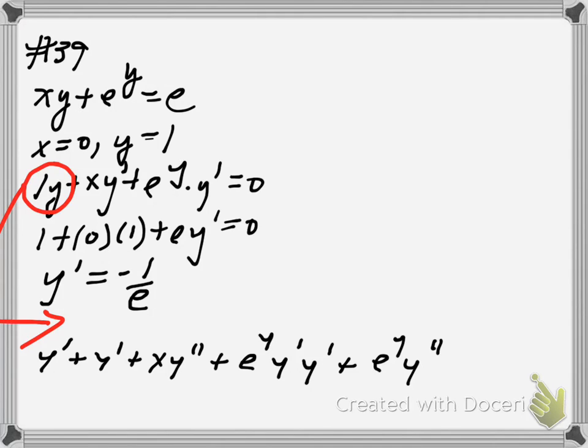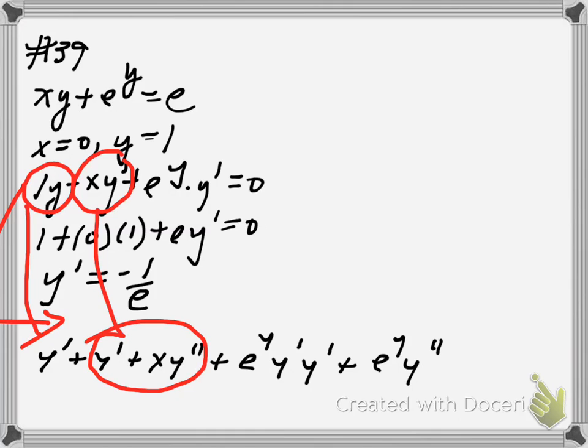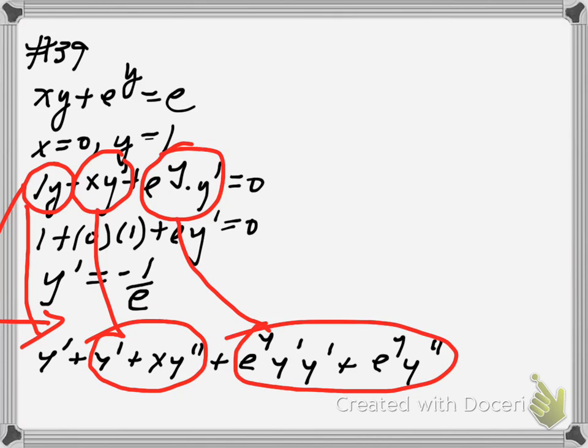Okay, so the derivative of y is y prime. The derivative of x times y prime is y prime plus x times y double prime. And then the derivative of that third term is e to the y times y prime times y prime, plus e to the y times y double prime. And that is equal to 0.